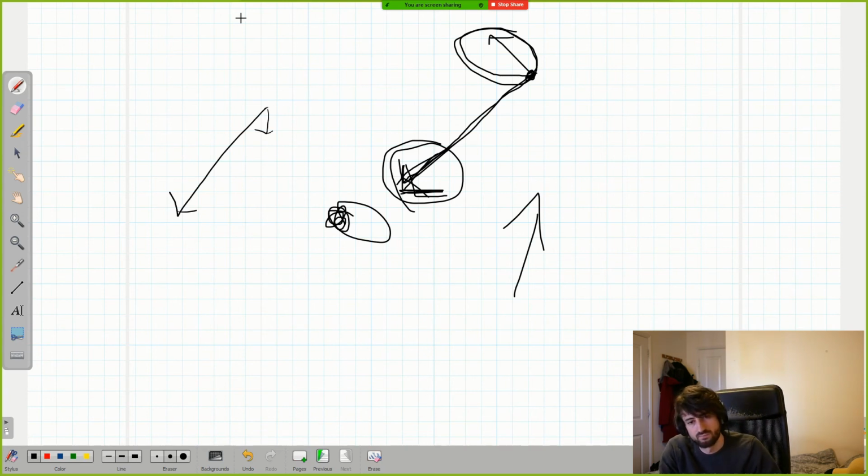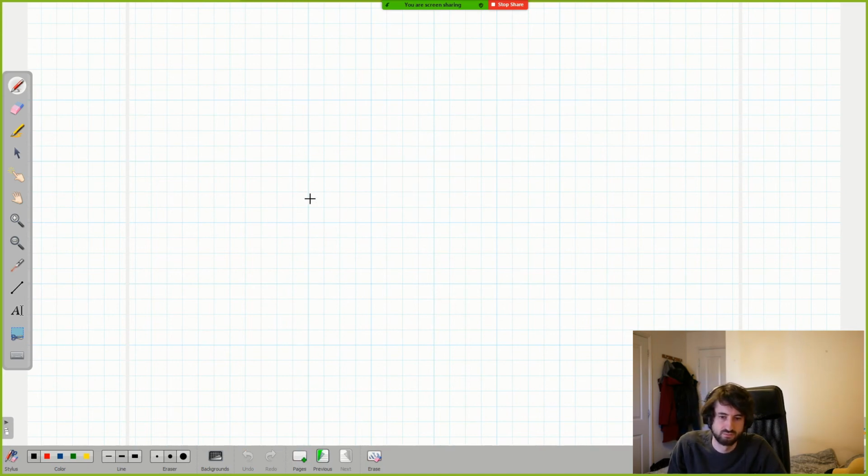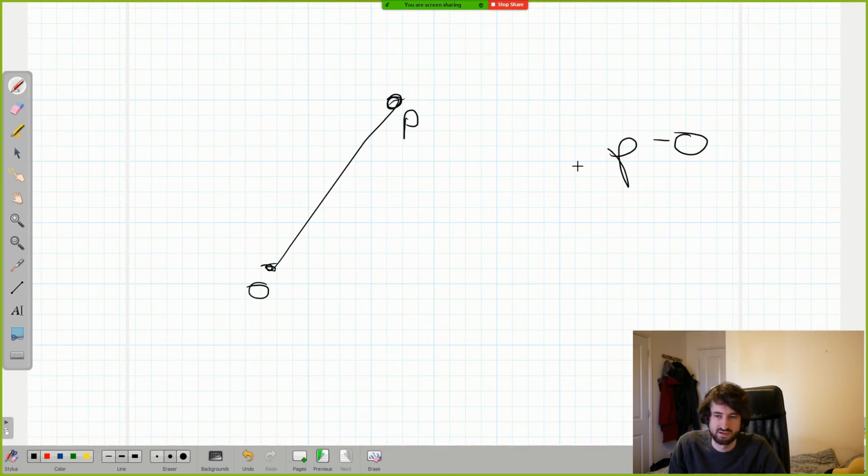If we take our initial vector, so it's going up and right, we're trying to find, here's our player, and we know that's our object P, that's our origin. P minus O gives us this vector, R. So R is in this direction.